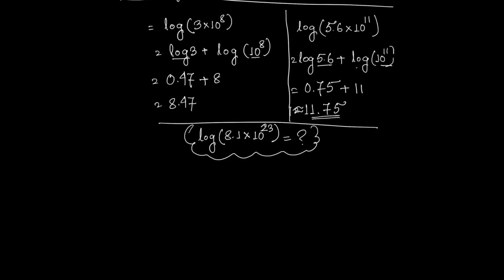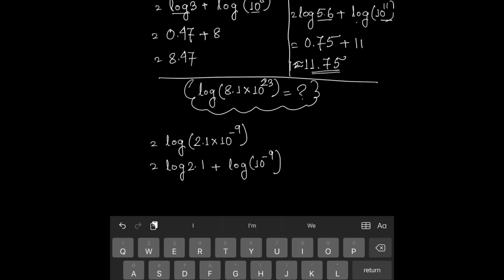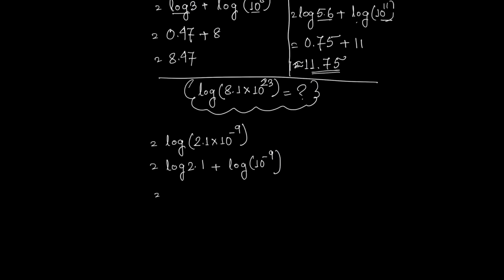Let's now see with the negative sign. Let's say log 2.1 into 10 to the power minus 9. What would it be? Log 2.1 plus log 10 to the power minus 9. It would be done in a similar way. 2.1 would be nearer to 0.3, so we can write it as 0.32, and log of 10 to the power minus 9 would be minus 9.